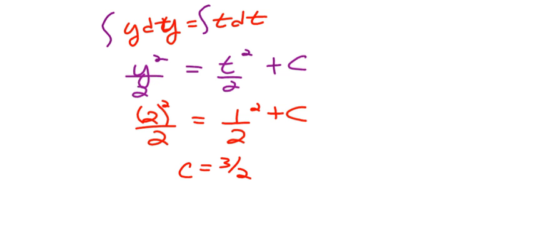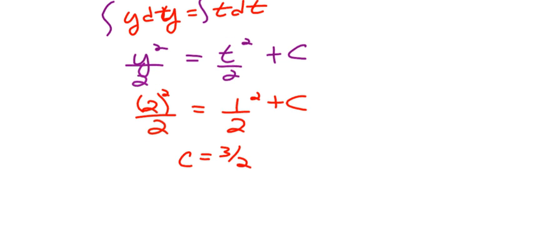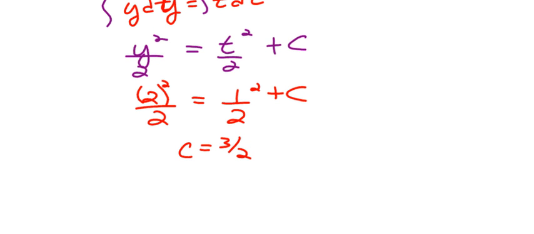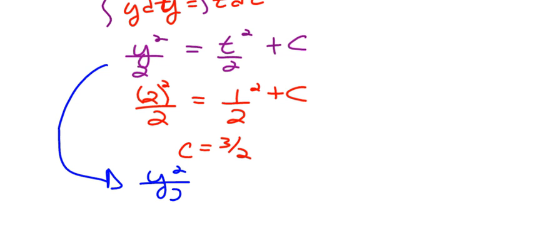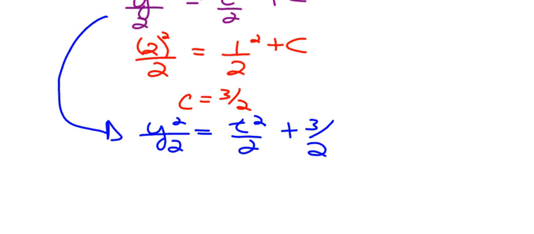So if I go ahead and plug this back in, I'm going to try to solve for y. So I'm taking this equation. And I'm going to multiply both sides by 2. I need to solve for y still. So I'm multiplying everything through by 2. And then I'm going to be taking the square root of both sides.